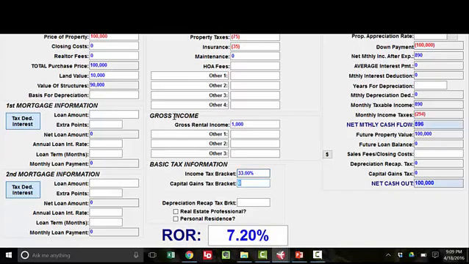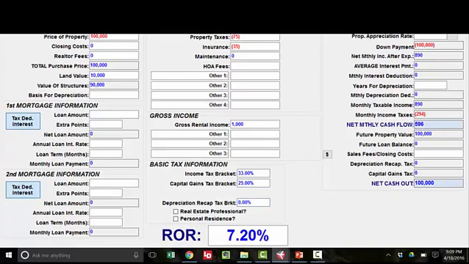Wow, that makes that rate of return go down even smaller. Now we're going to have a capital gains rate. We're going to use 25%. For many of you, if your income married is over $250,000, you're actually going to pay some additional Medicare tax of additional 3%. But let's just leave that out of there.